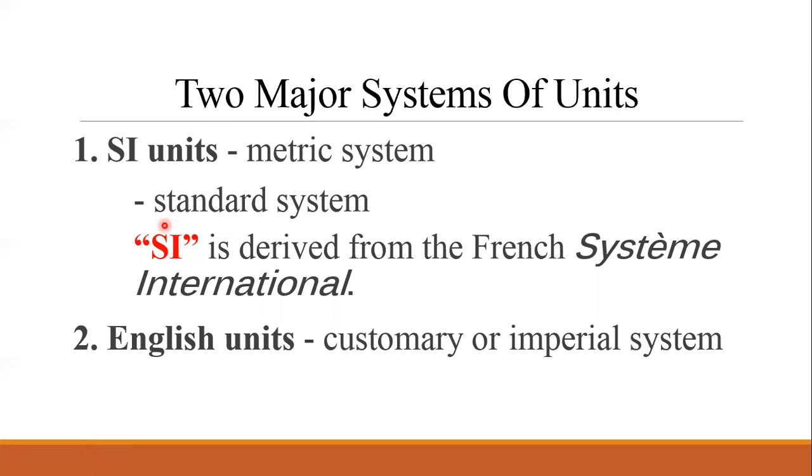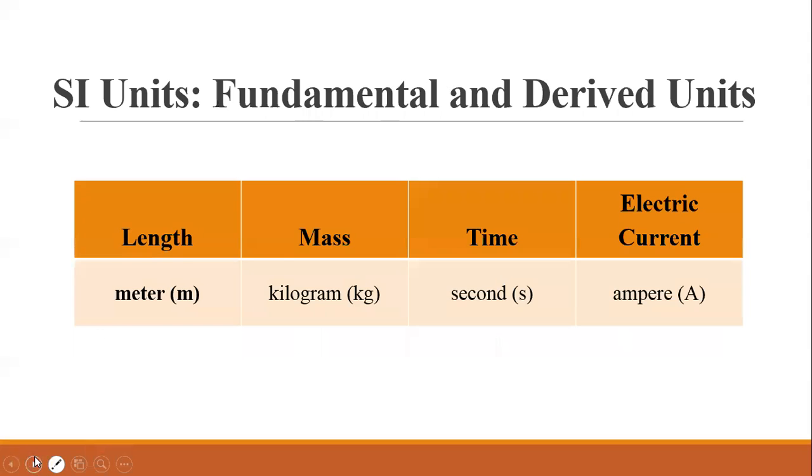Again, SI is also known as the metric system, the standard system agreed upon by scientists and mathematicians. The acronym SI is derived from the French Système International. We also have SI fundamental and derived units.